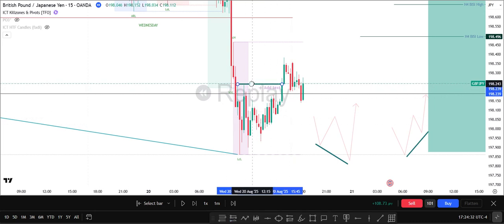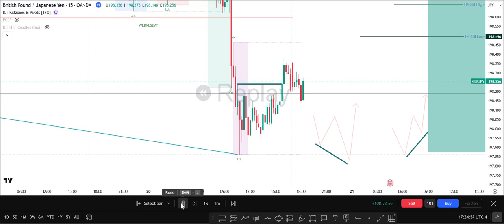You can see this is London close. You see where New York high is? So London close starts here, plays out, but around here this will be around 17:30. So it's outside market hours, but I want you to look at how the market reacts.